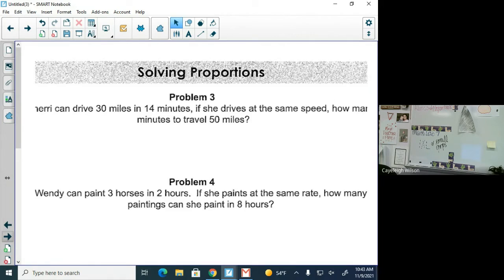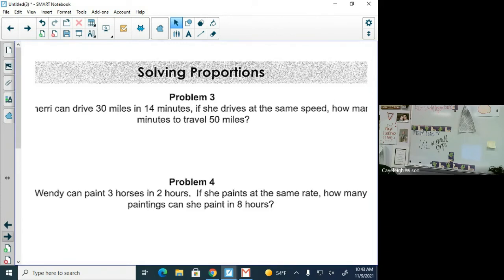Yeah, if it's a repeating decimal, we should always make it a fraction. Actually, okay, so we divided that by 30. It's repeating.